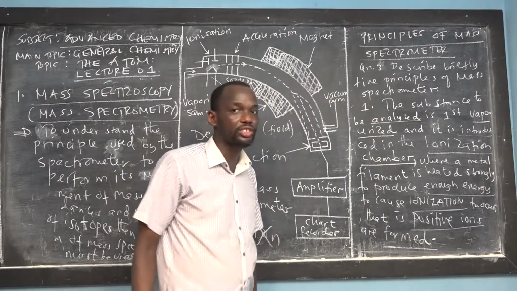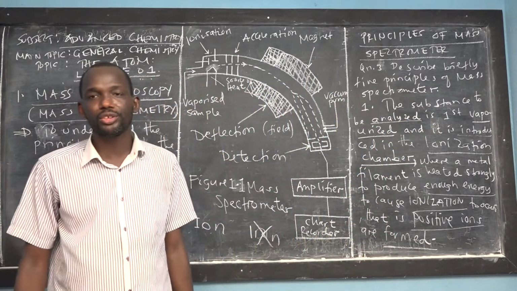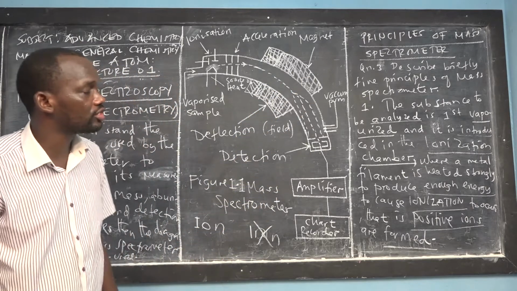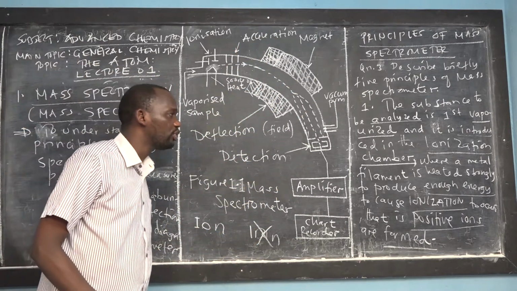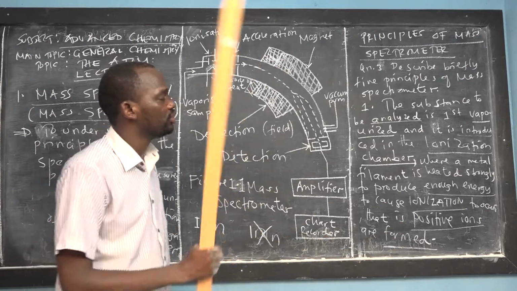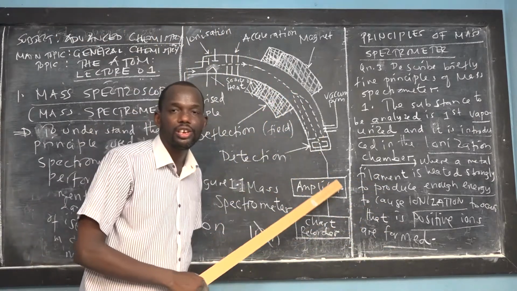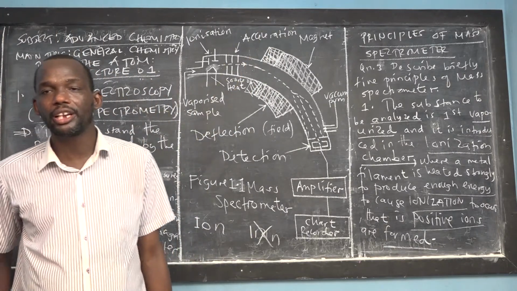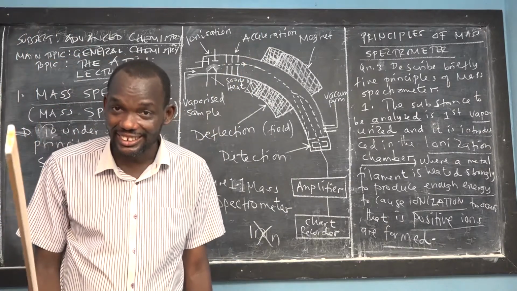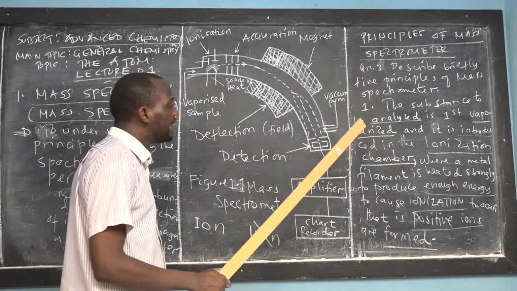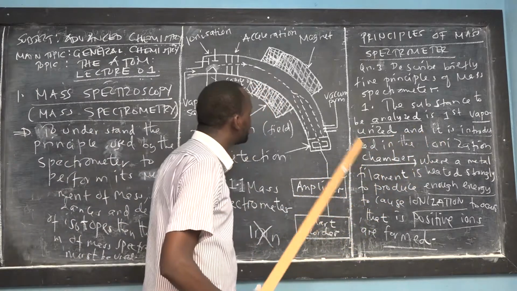As I told you, if it is in solid state, atomization energy will be given to that metal to change it from the solid state to the gaseous state. What we introduce to the mass spectrometer should be in gaseous state. Remember that. And then it is introduced into the ionization chamber.